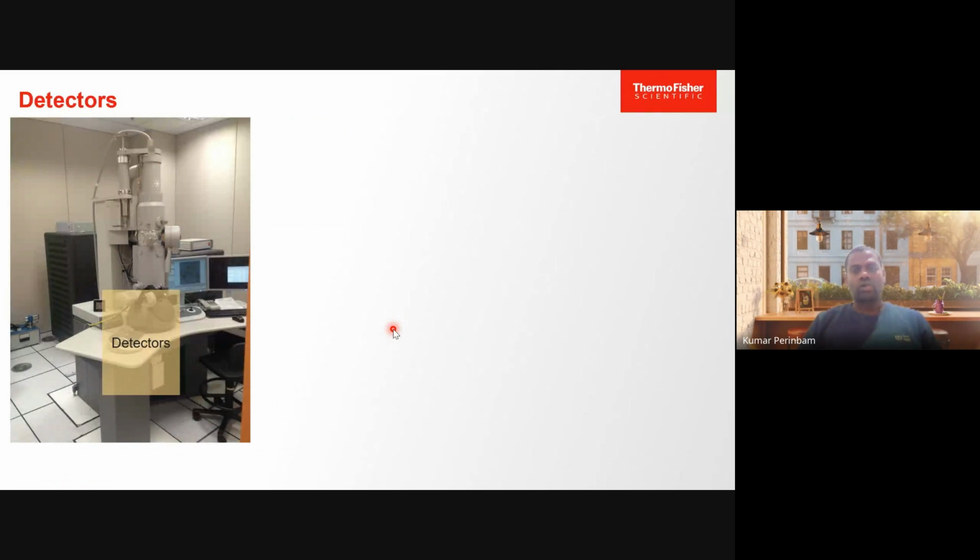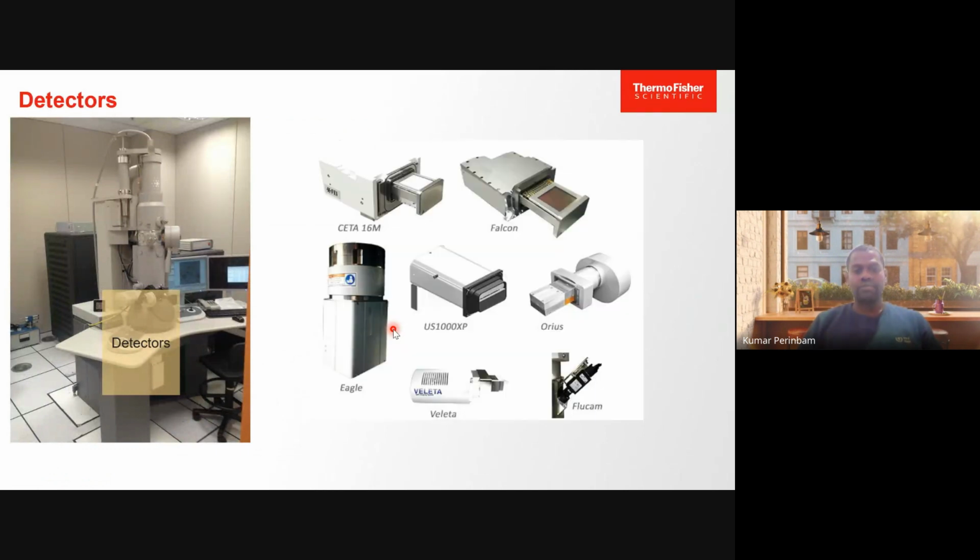So finally, when it comes to the detector, multiple detectors have been developed, and the recent one is the Falcon. The Ceta, Eagle, Velox, and Ceta, Veleta, Aureus are all basically CMOS cameras, where you have a sandwich of diodes, on top of which you place a fluorescent screen.